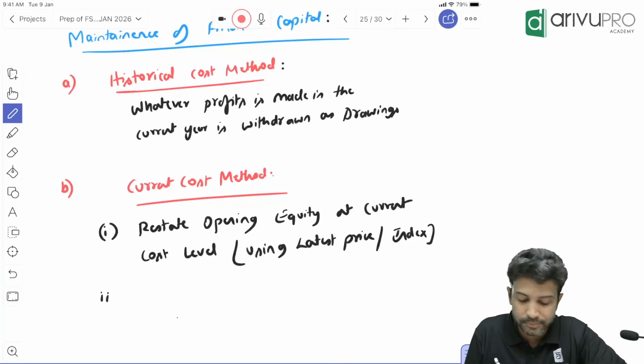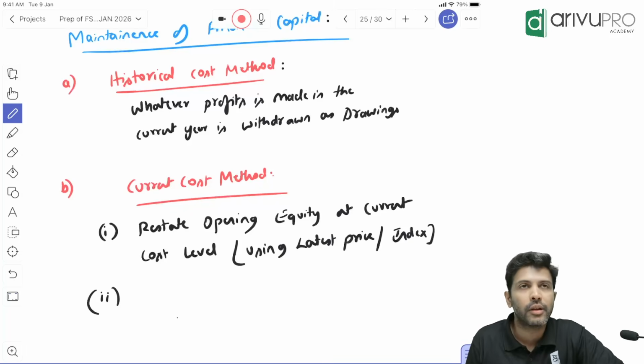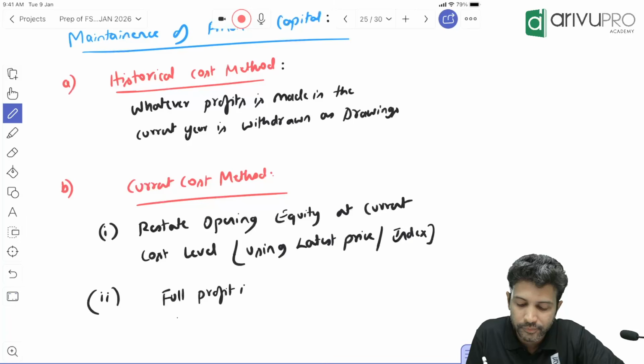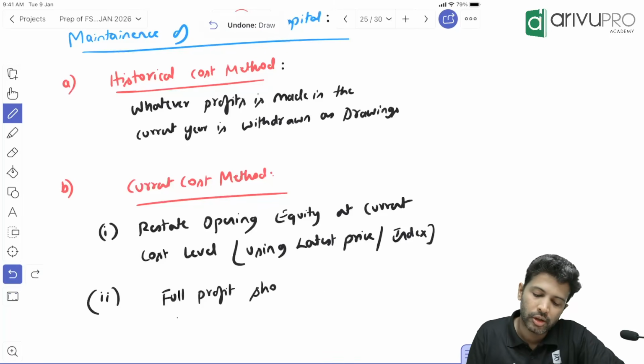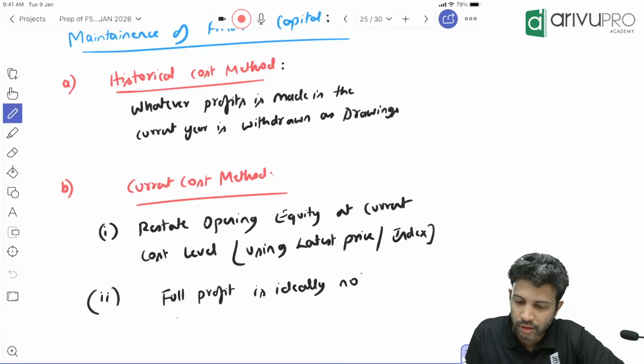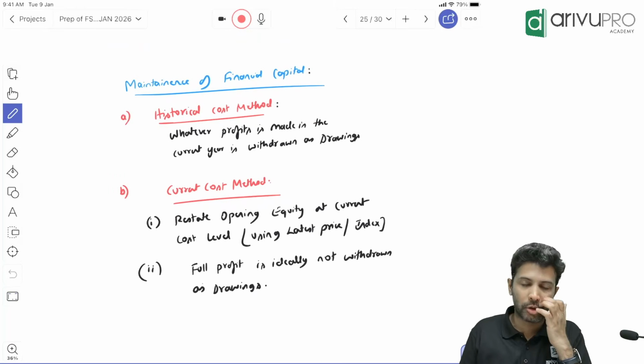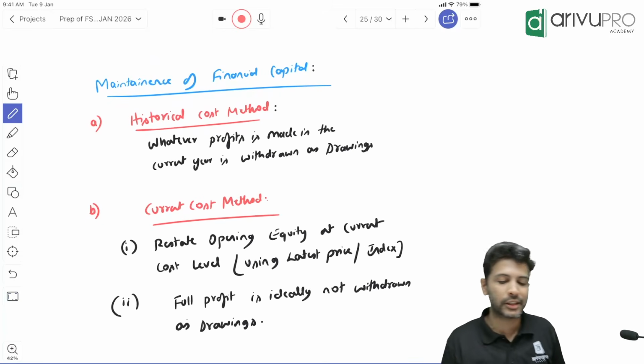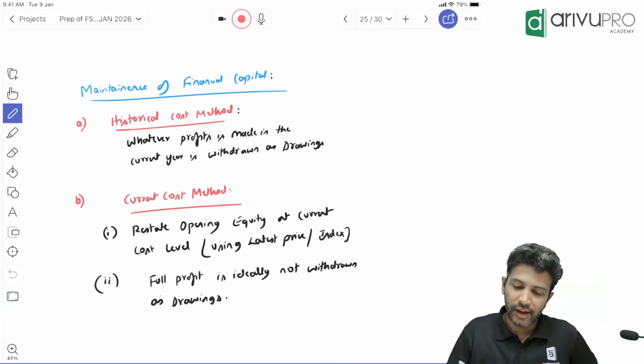Okay, next one: full profit is ideally not withdrawn as drawings. Okay, write down these two points. I'll tell you more about this in problems. Let this be there for the time being in our notes.